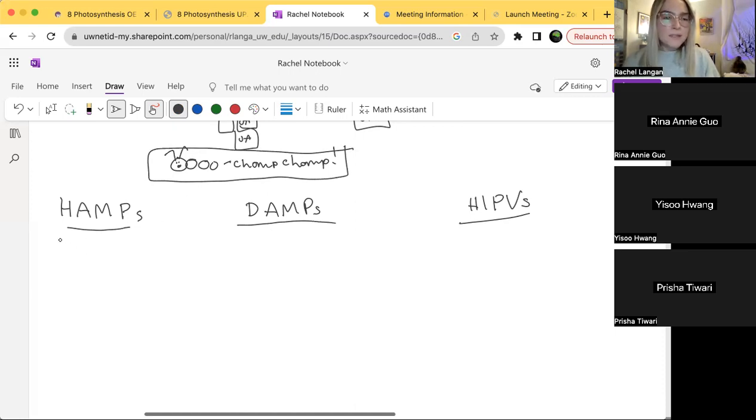HAMPs, you can think of as herbivore secretions. When they actually eat the plant, they produce some kind of secretion, and an example would be saliva. So there are molecules in the saliva that are HAMPs. DAMPs, you can think of as cell damage, spewing guts.